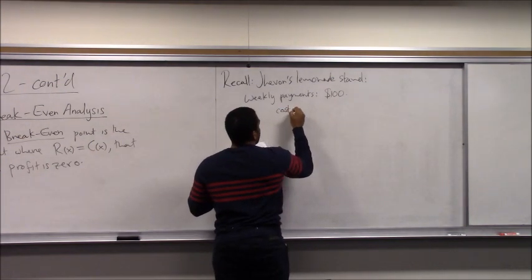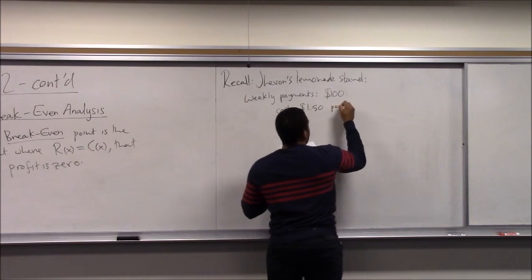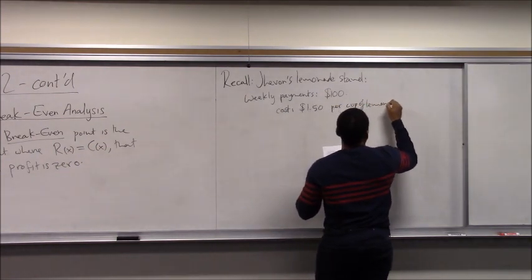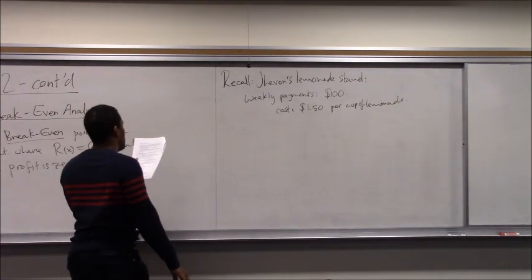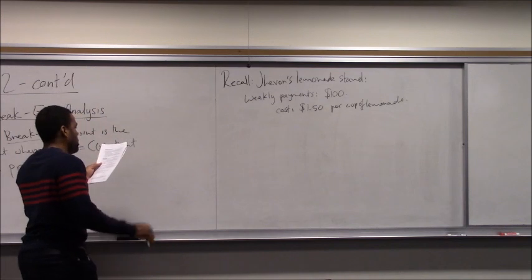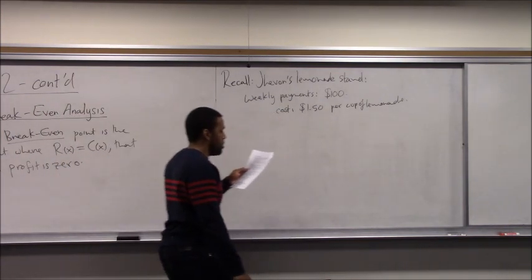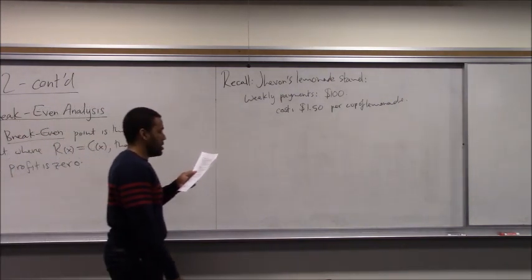It costs $1.50 to make a cup of lemonade. So I bought a lemonade stand and I'm making payments to pay back what I bought it for. Right? So I got it on a loan. I financed the lemonade stand.